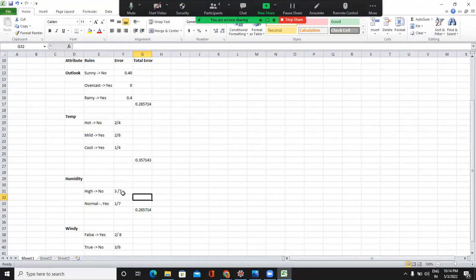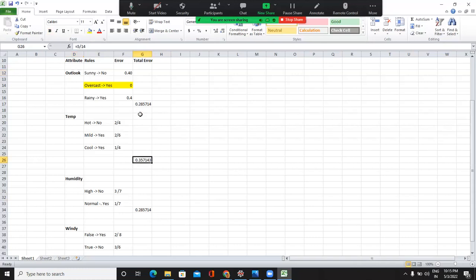Here in humidity, in none of the possibilities is the error zero. But here we have overcast equal to yes as a pure element, as we call it. So we will prefer outlook.